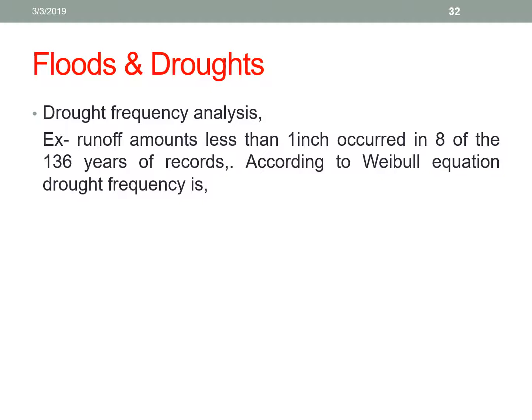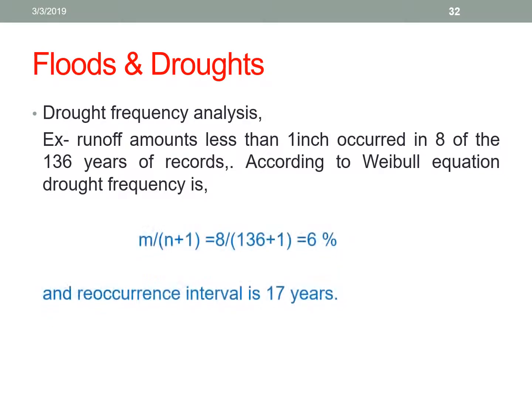Floods and droughts. Drought frequency analysis. For example, runoff amounts less than 1 inch occurred in 8 of the 136 years of records. According to the Weibull equation, drought frequency is m over n plus 1.